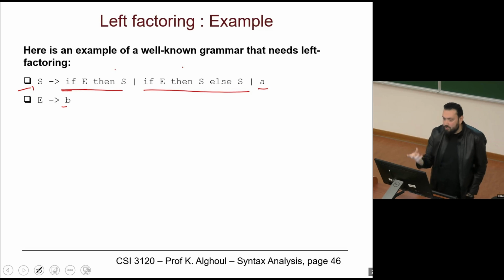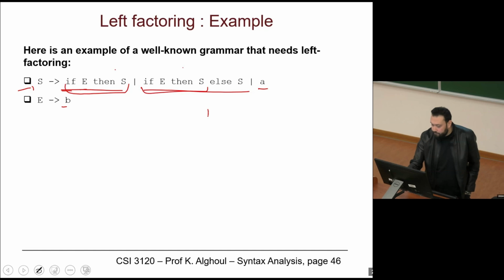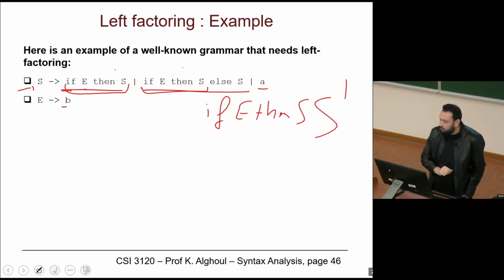Who can try to change it? It doesn't have to work. You would have like the entire if E then S, like have this and this, yeah. And then you would have a separate rule for if E then S else S. So I'll put here, for example, S prime.